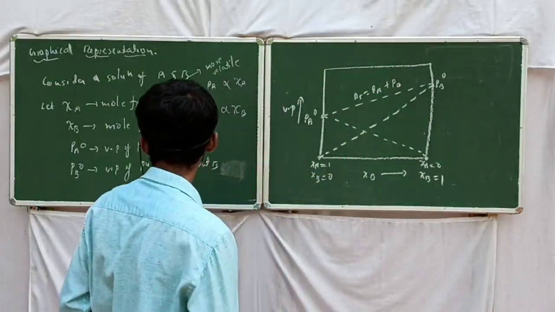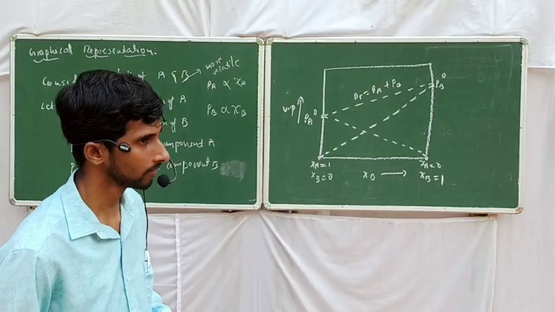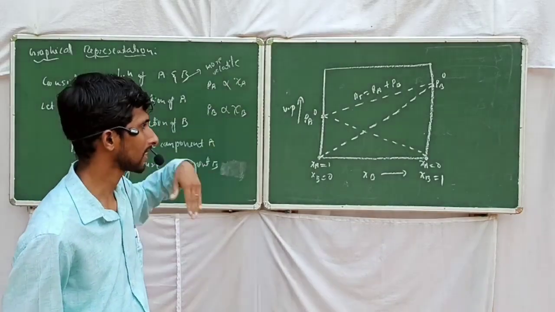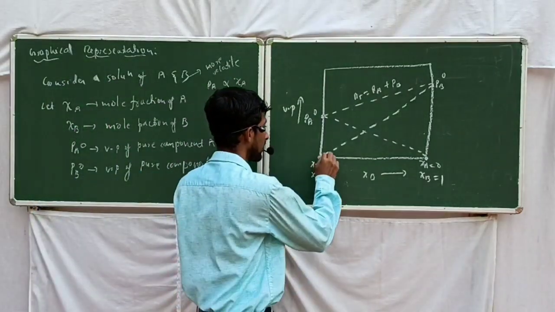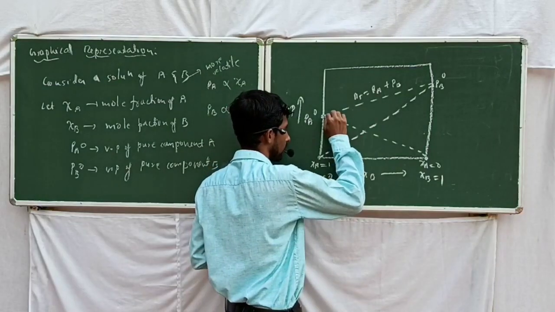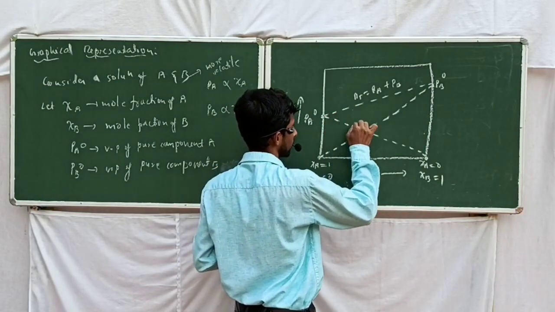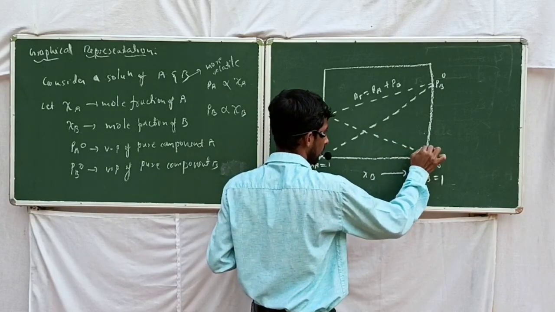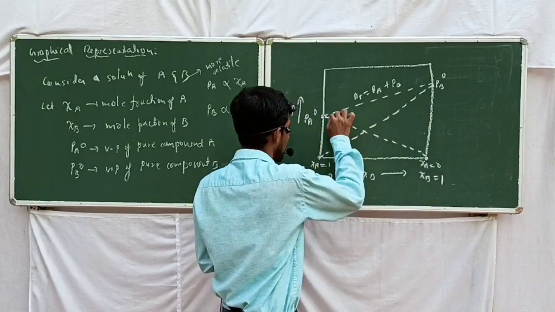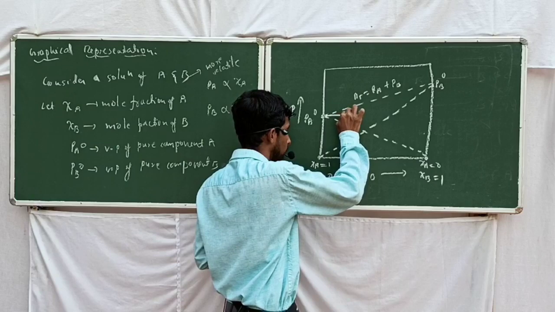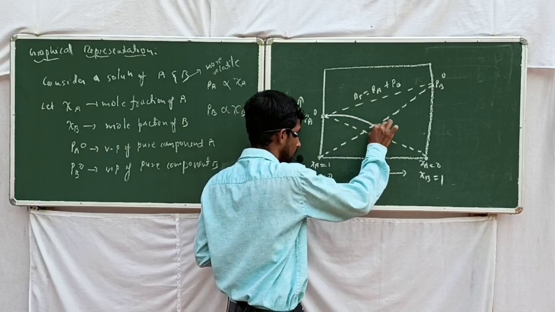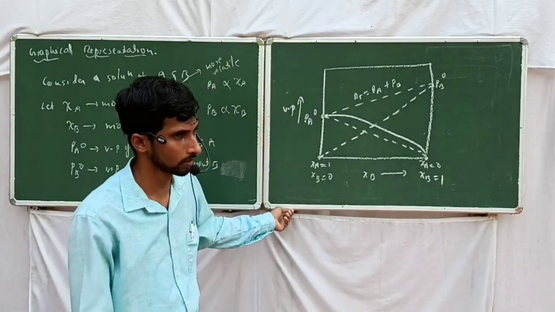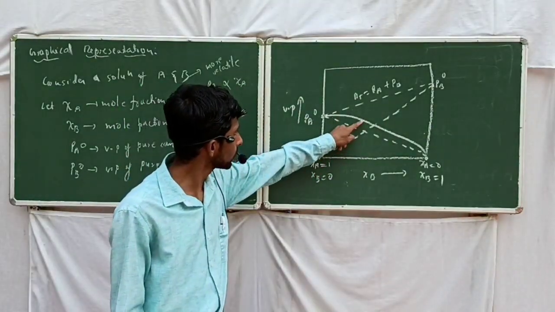In case of a non-ideal solution showing positive deviation, the vapor pressure of A is greater than that calculated using Raoult's law. This dotted line indicates the vapor pressure calculated using Raoult's law, but experimentally it is observed that the vapor pressure of the solution is greater than that calculated from Raoult's law. You can observe positive deviation.